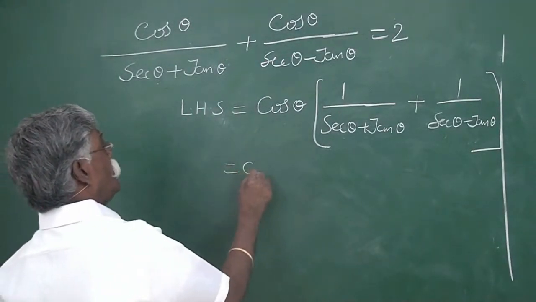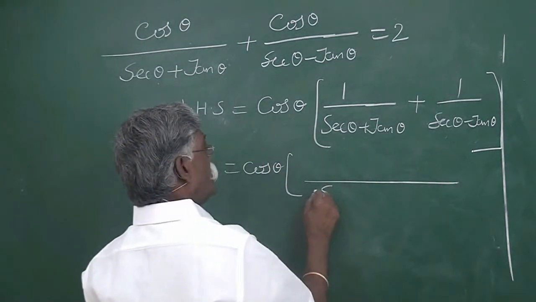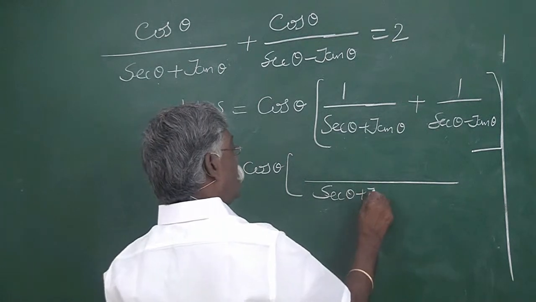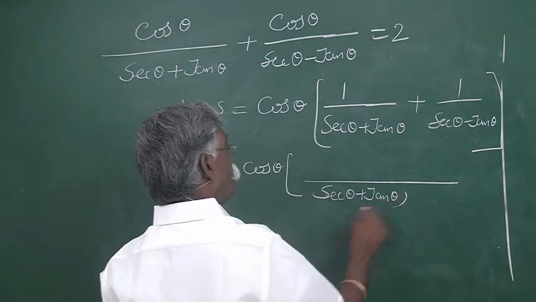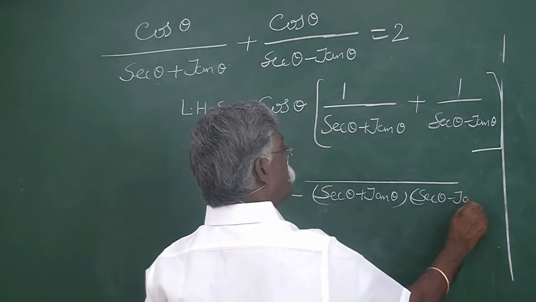Now this is cos theta. The LCM is secant theta plus tan theta into secant theta minus tan theta.